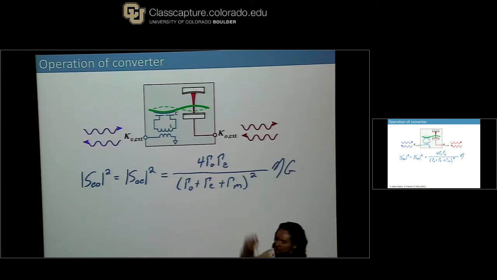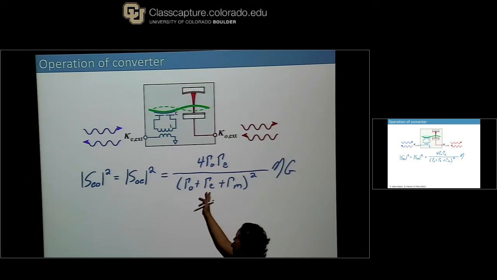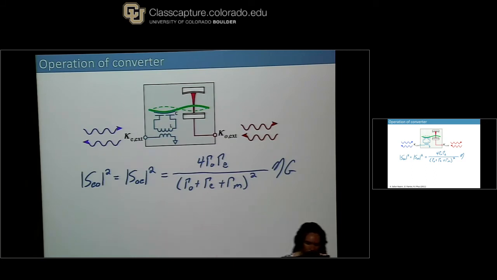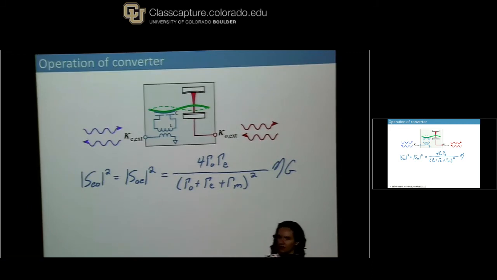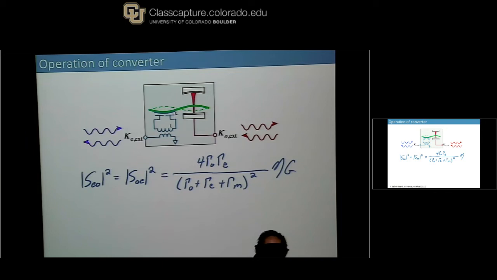And if we stare at this expression for a moment, if you remember back to the parameters for this mechanical system compared to these sorts of rates. So these sorts of rates, when we put a decent amount of photons in the cavity, will be scale of tens of kilohertz, and this gamma m, that sort of bare coupling of the mechanical system to the environment, is more like Hertz scale.